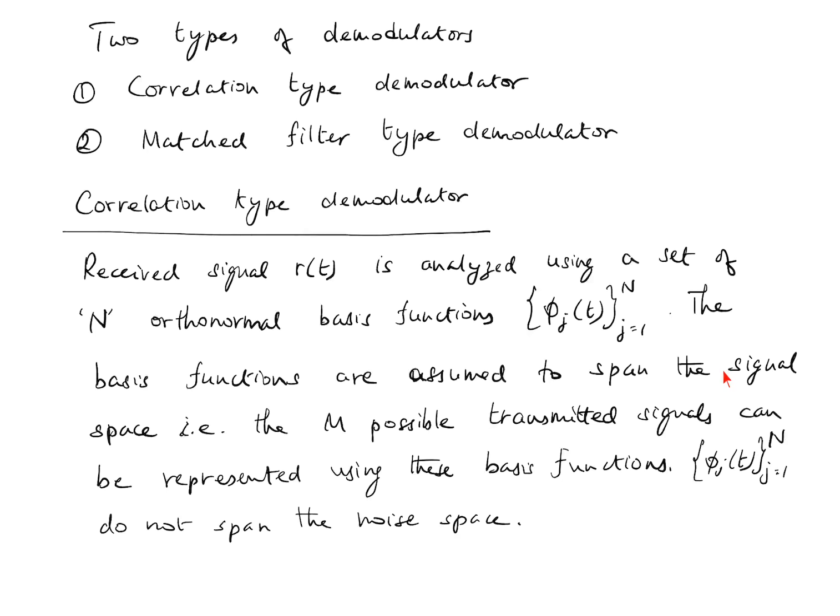If it doesn't span the signal space, there might be some of the m possible transmitted signals which cannot be represented in terms of these basis functions, and then we won't be able to demodulate and detect them, right?